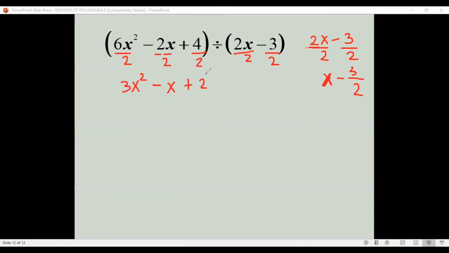Okay, and again, you are going to divide this by simply your x now minus 3 over 2. Okay. So again, the rule, we just have to copy. So we will have 3, and then that is raised to 2, raised to 1, and constant. So we only have a trinomial being divided by a binomial.